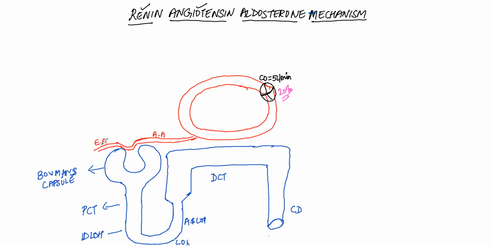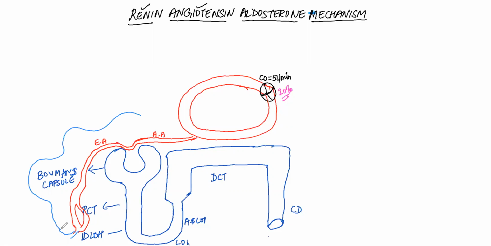Now this efferent arteriole, near the tubules, that is the proximal convoluted tubule and the descending limb of loop of Henle, forms a peritubular network. Like this, it forms a peritubular network, and then it continues as the renal vein.